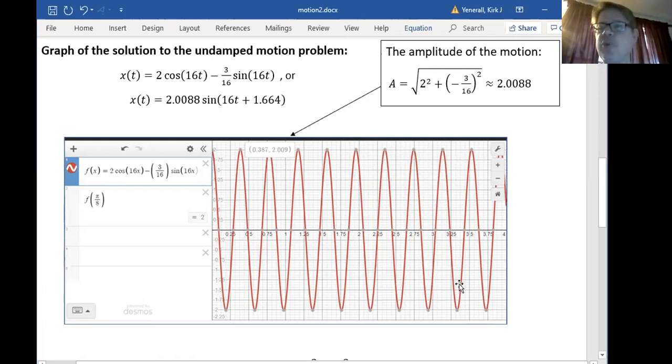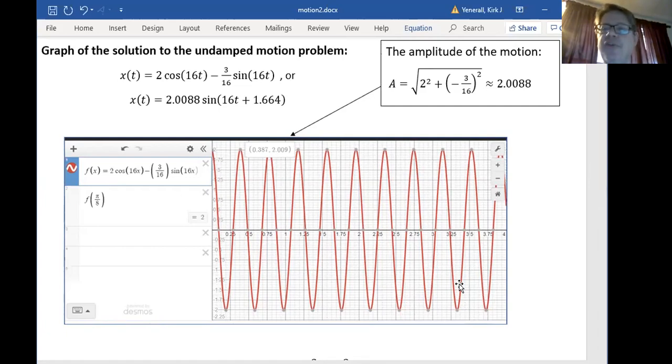If somebody asked us what's the amplitude of the motion, the amplitude here is, even though the mass starts out at 2 feet below equilibrium, the amplitude actually ends up being slightly more than 2 because of the fact that we're applying that initial velocity at the beginning. The equation for amplitude, which you'll find in your text, says that the amplitude is the square root of the sum of the squares of the constants C1 and C2.